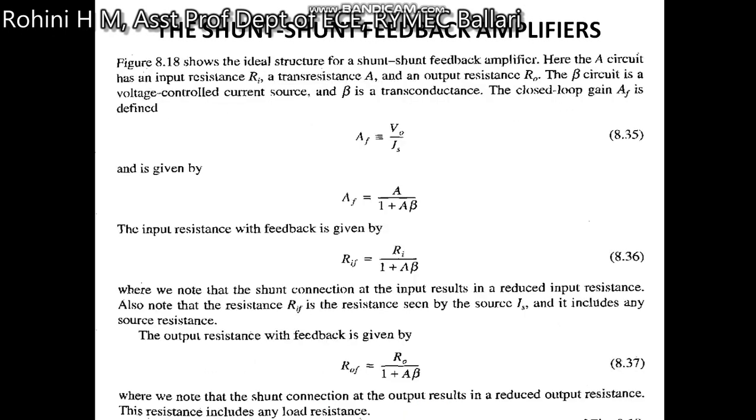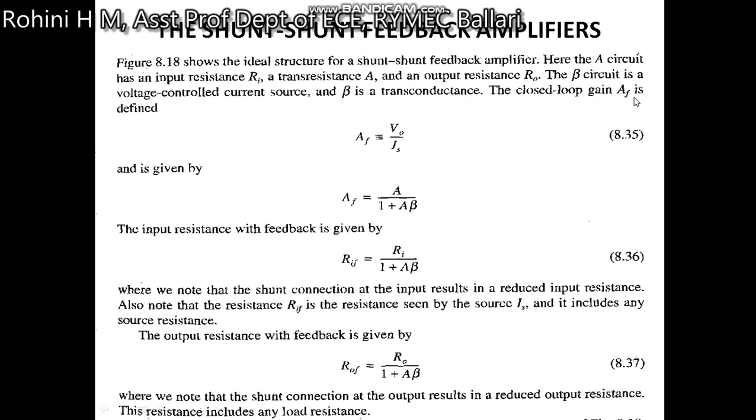So this is the ideal structure of the shunt feedback amplifier. Here the diagram shows the ideal structure. The A circuit has an input resistance Ri, a transresistance A and an output resistance R0. The beta circuit is a voltage controlled current source and beta is a transconductance.